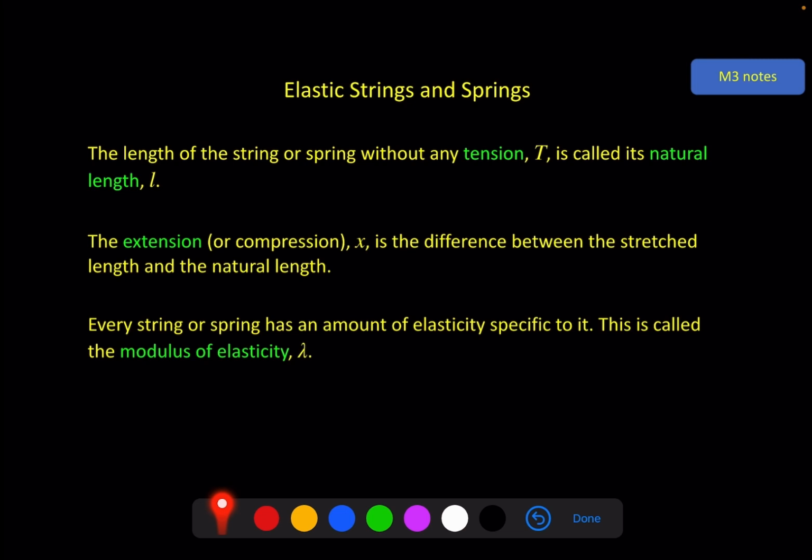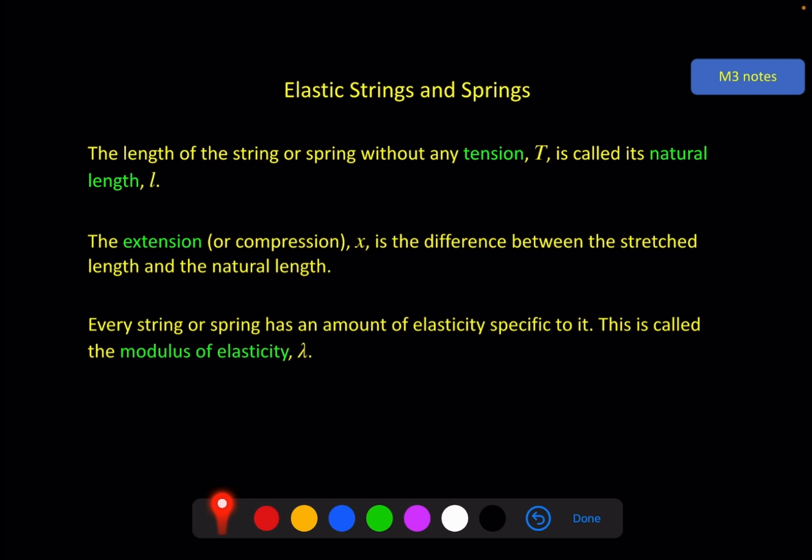We're going to put it all together as a property of this specific thing and call it lambda. So lambda will be different for every spring or string unless the question specifically tells you that two springs have the same modulus of elasticity.